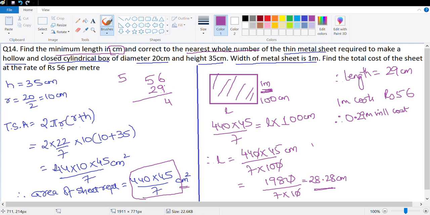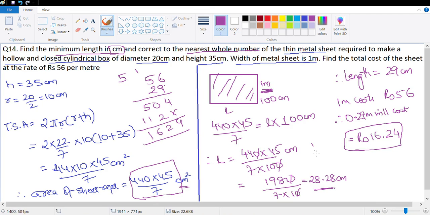That's 5 into 9, 45, plus 5, 50. 450 and 54, right? That's fine. This is 2 into 6, 12, and that's 2 into 5, 10 plus 1, 11. 4261. So this will be equal to rupees 16.24. And that's my final answer.